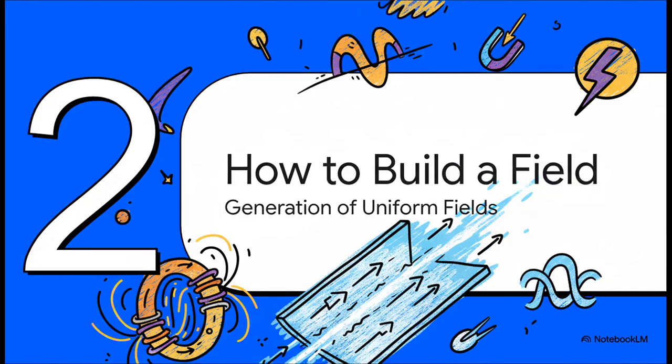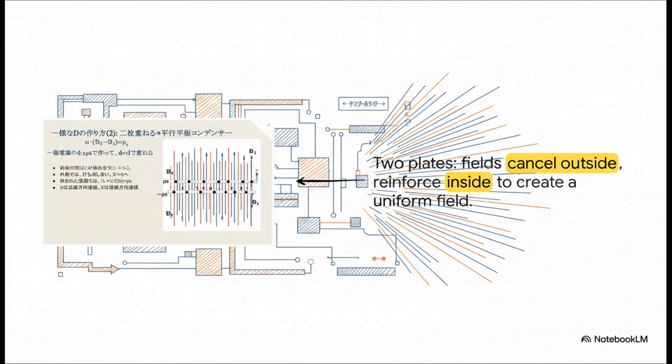Okay, so we have a rule. Now let's put on our engineering hats and actually use it. We're going to take this boundary condition and see if we can build a perfect, uniform field completely from scratch. And check this out. It's illustrated perfectly here. You take one huge plate of positive charge. It creates an electric field that pushes away from it on both sides.